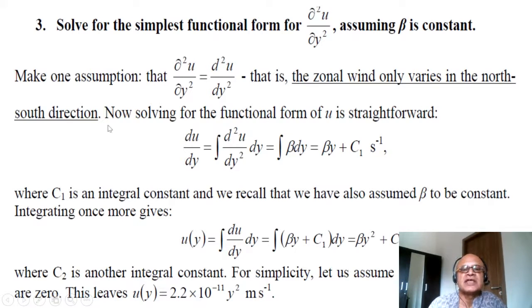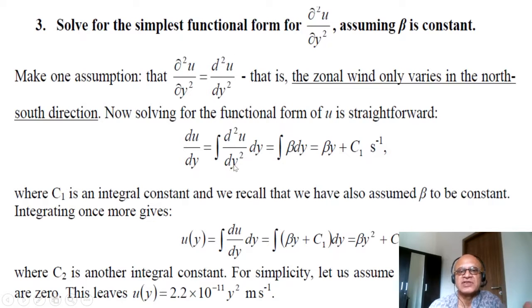Make one assumption, that u is only a function of y. That is, the zonal wind only varies in the north-south direction. So we are again ignoring the du/dx term for this simple illustration. Now solving for the functional form of u is straightforward. So du/dy is the integral of d²u/dy².